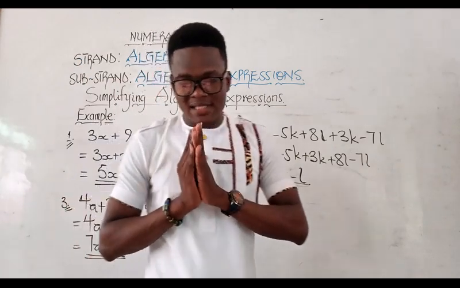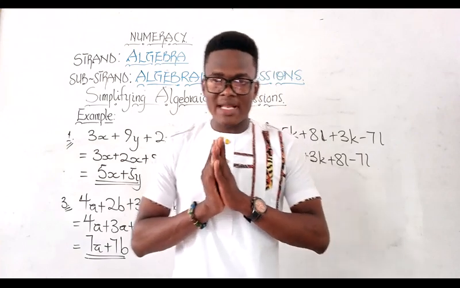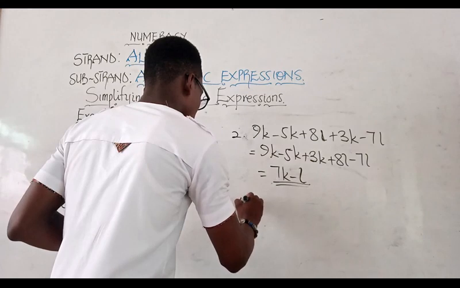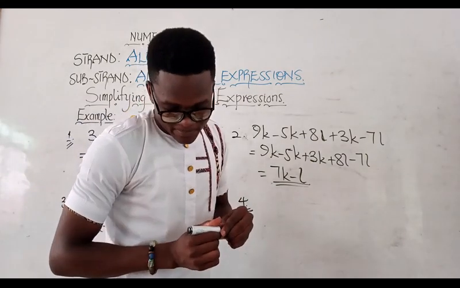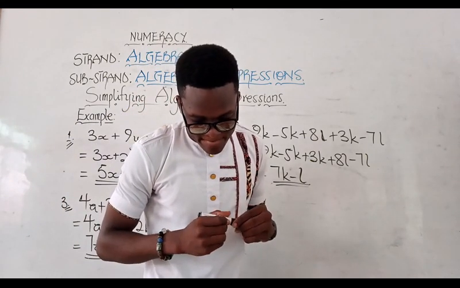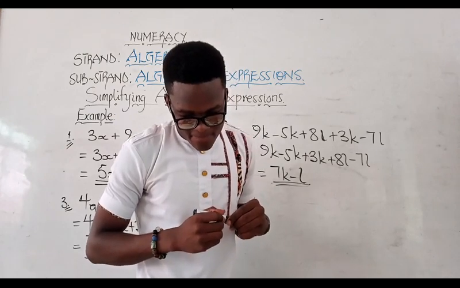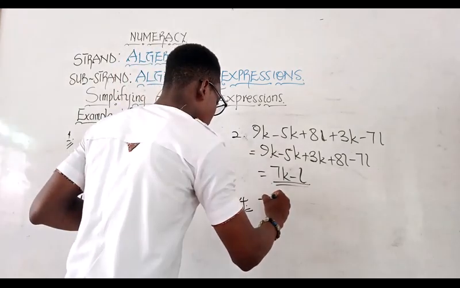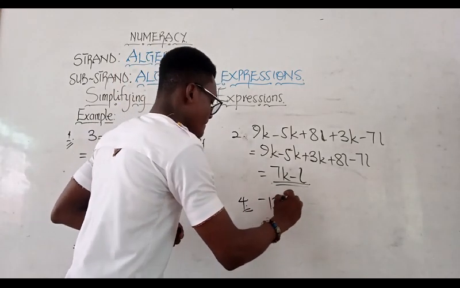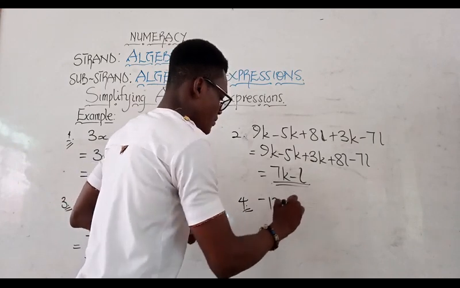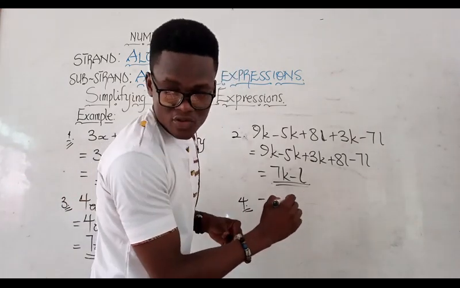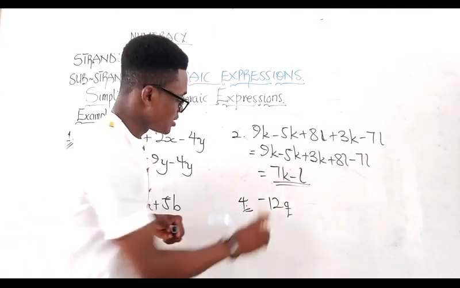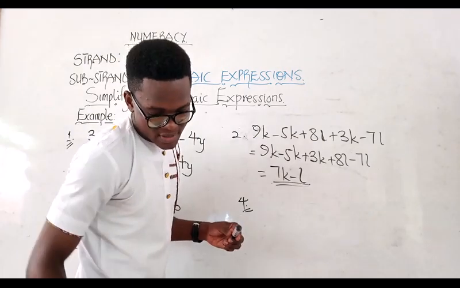Now let's take our last example and then we'll call it a day. Okay, so let's say we have example 4. Let's say we have negative 12q. Let me just take this one so that we bring a constant number to it.